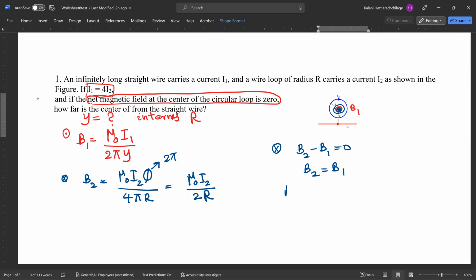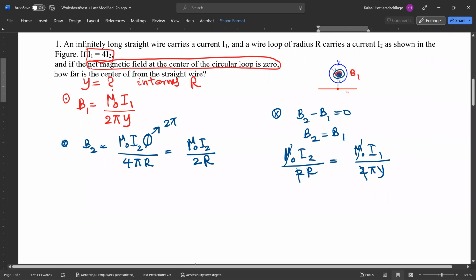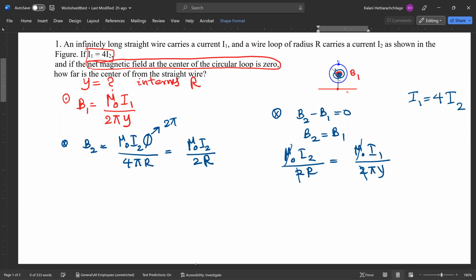Now let's plug those in: I2 divided by 2r should equal mu naught I1 divided by 2 pi y. As soon as mu naught cancels out and these two cancel out, I have I2 and I1, which I can replace. I1 equals 4 I2, which is given. So let's replace that and rewrite the equation.